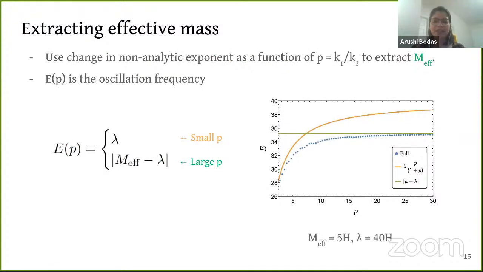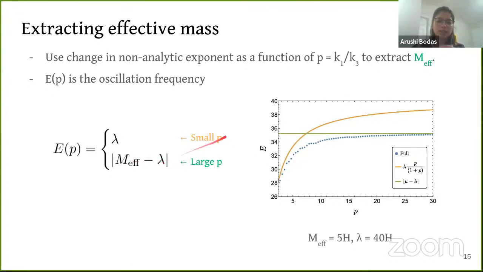Fortunately, there's a nice trick one can do to figure out the effective mass itself. It turns out that the oscillation frequency changes with the momentum ratio, which is P. P is K1 over K3, the momentum ratio. It turns out for large P, the oscillation frequency goes as the effective mass minus lambda.